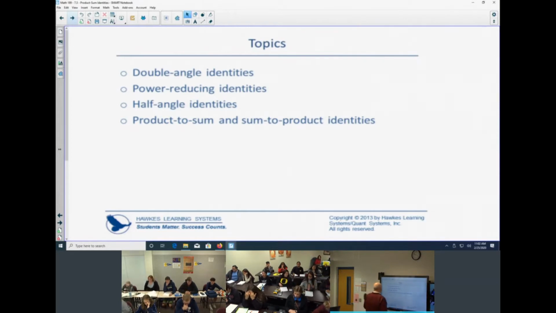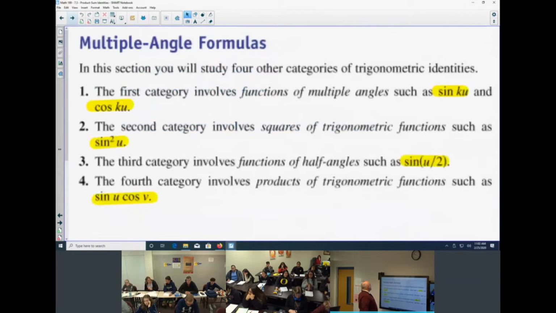Okay? So let's start with, let me just say what they look like. So when we talk about the double angle or multiple angle identities, we're going to have like the sine of 2x or the cosine of 3 theta. The second category is where we have the power reducing formulas.